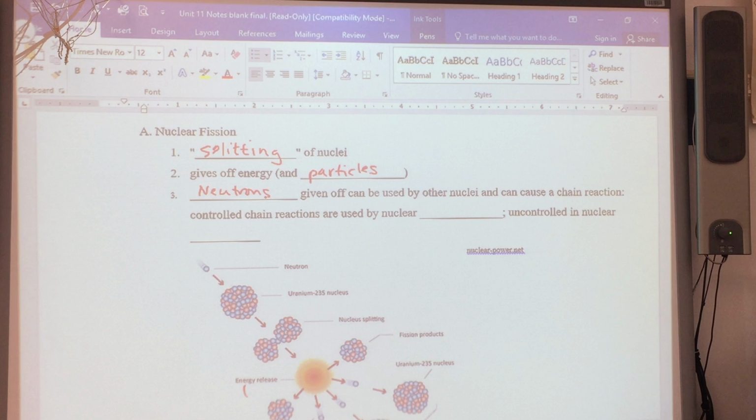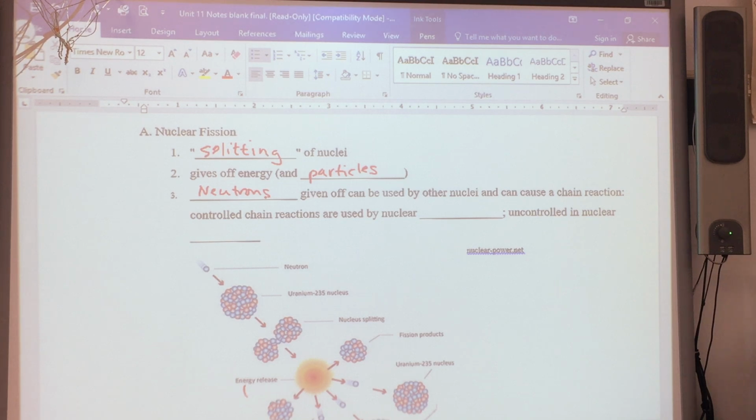Now, chain reactions can be one of two sorts, and we'll look at that here in a second. If they are controlled, then we can use them. If they are not controlled, we can use them for the ultimate destruction with something like a nuclear bomb.